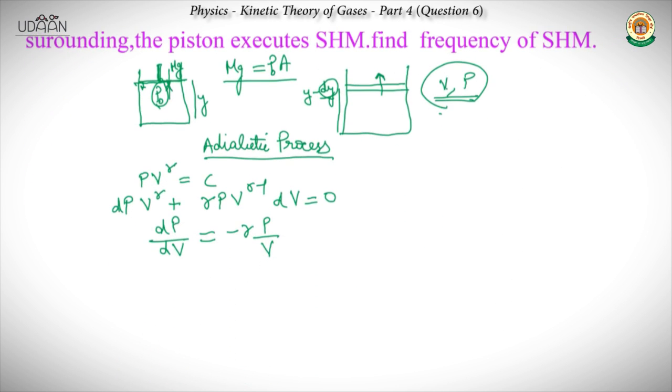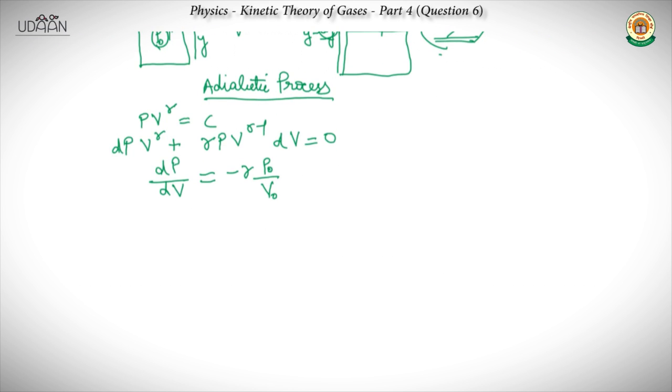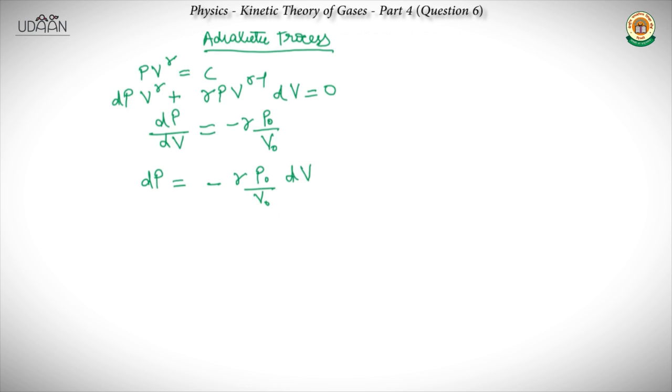Slightly means there would be no appreciable change in the value of P and V from the initial one. So we can substitute P0 and V0, which were the initial values. So we get dP, the change in pressure inside, as minus gamma P0 by V0 into dV.